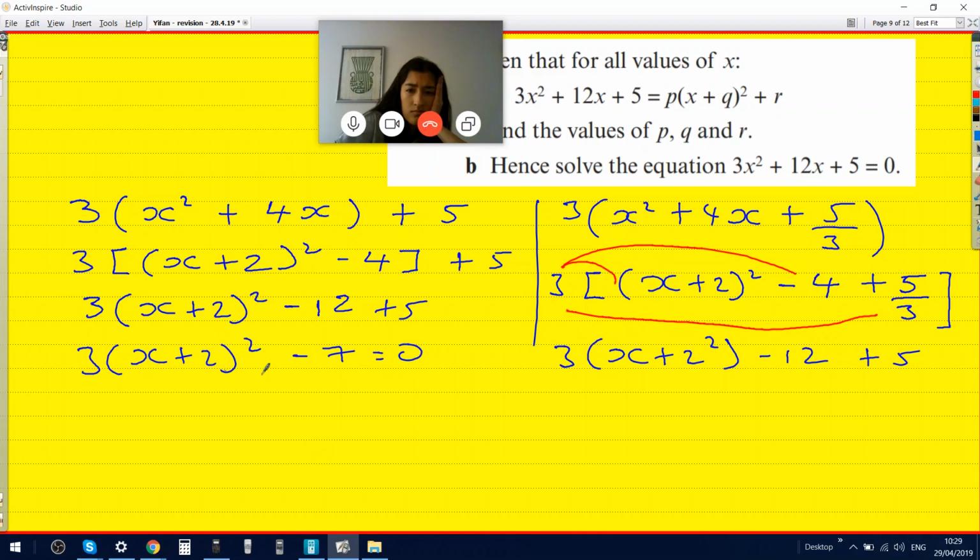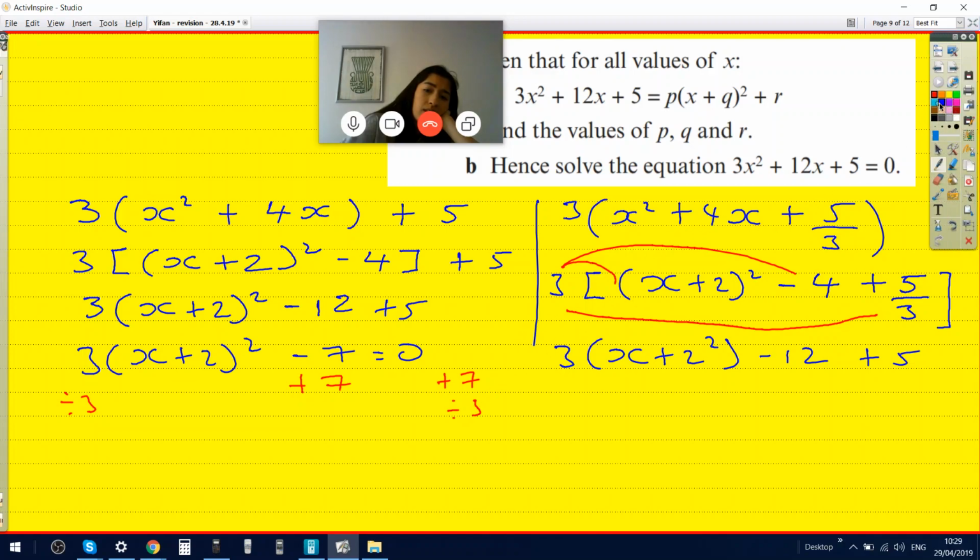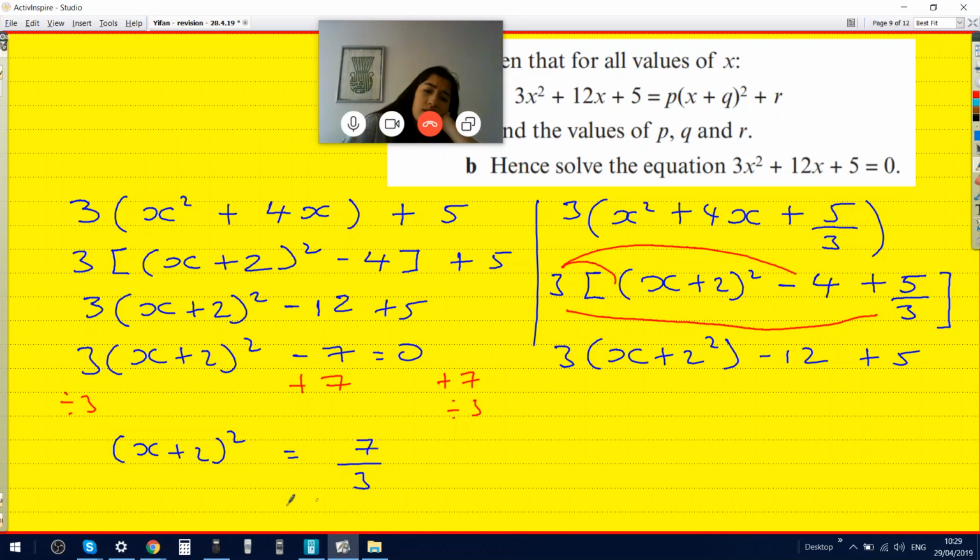How would you solve this non-calc? I'll expand that bracket. No. Oh, I'll do that first. But as you can divide by 3. Yeah. And then expand the bracket and then... No. Why not? How else can you get rid of a squared? Just square root it. So x plus 2 equals?